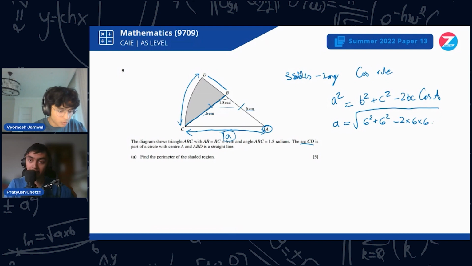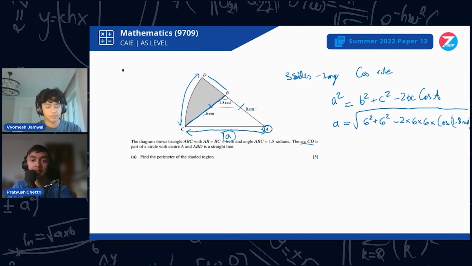I don't think so, no. Okay, so I guess you guys have to memorize this one. I think both the sine and cosine rules are not given in the formula booklet.